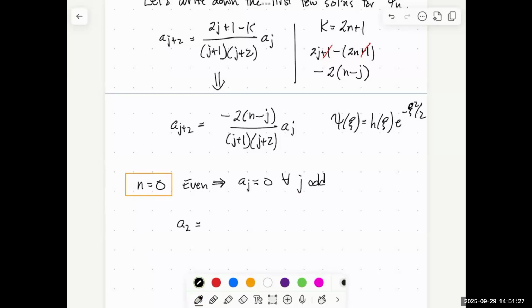It's going to be -2, well, n is 0 and j is 0, and so we just get this simple expression where we have 0 in the numerator, and this equals 0.